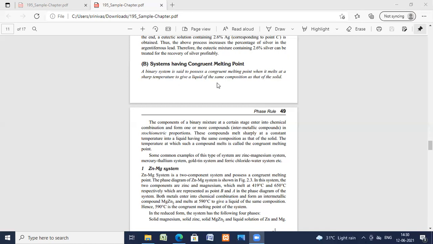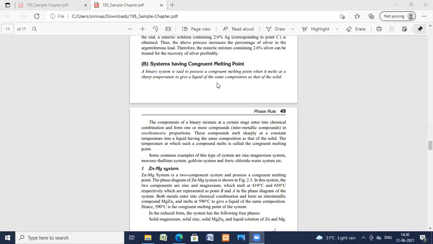Now, we'll see what is a component. Component is denoted by C. Number of components in a system is the smallest number of independently variable constituents by means of which the composition of every possible phase in the system can be expressed with formula.